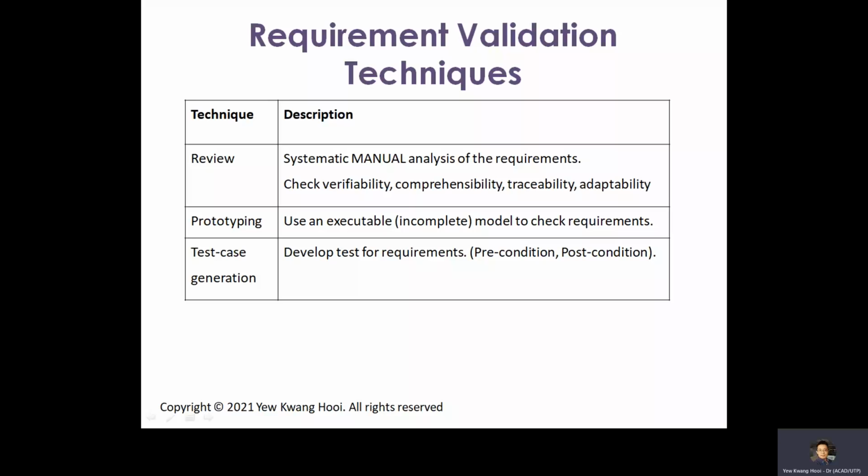Or you come up with test cases, whereby you come up with scenarios. Once the system is built, if the user does this thing, this is the outcome. If the user does that thing, that is the outcome. So you come up with a list of possible scenarios that people can imagine how the interaction with the software will be like. That is called test cases.